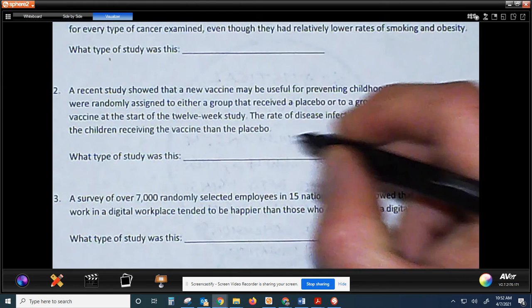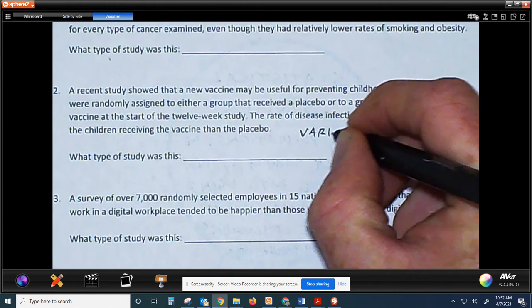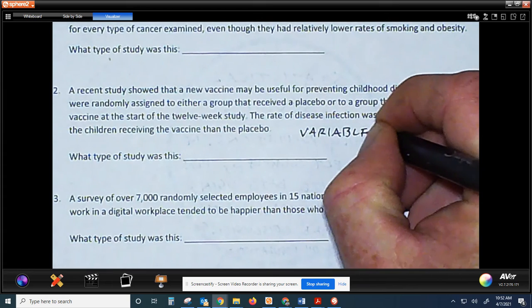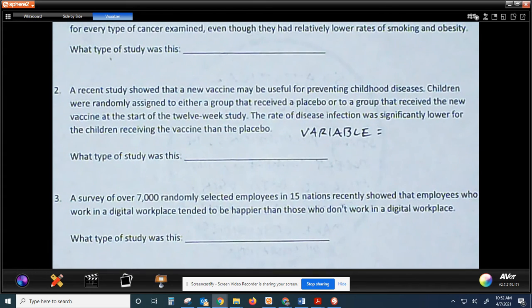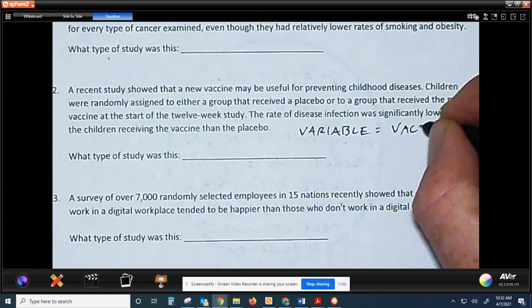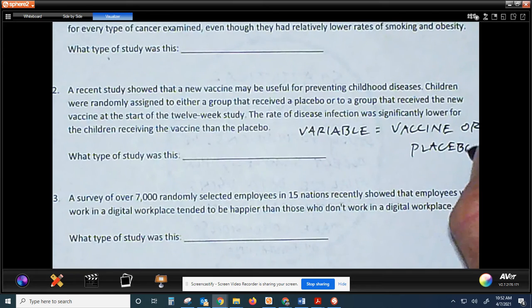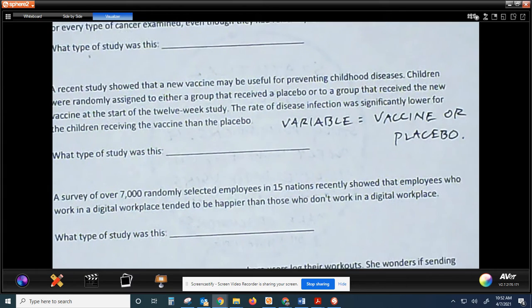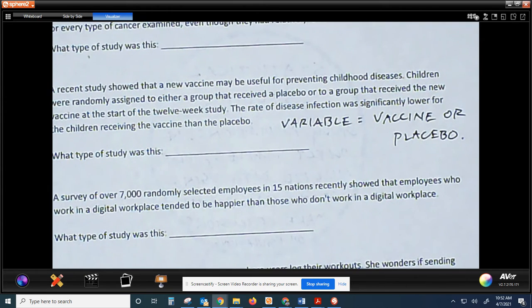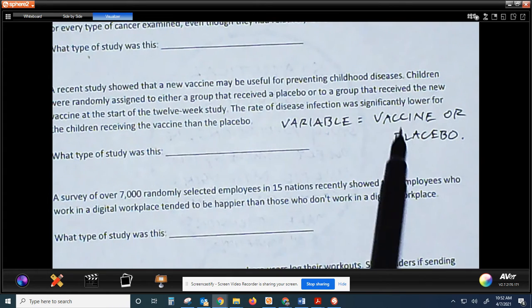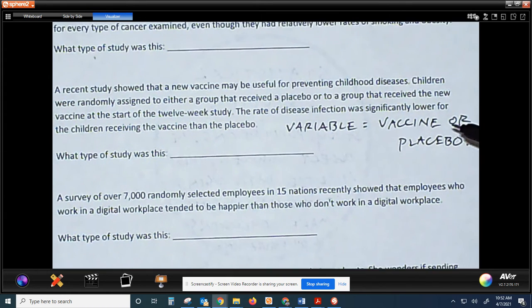Okay. The variable here is vaccine or placebo. So scientists controlled this experiment by deciding randomly whether children would get a vaccine or a sugar pill.